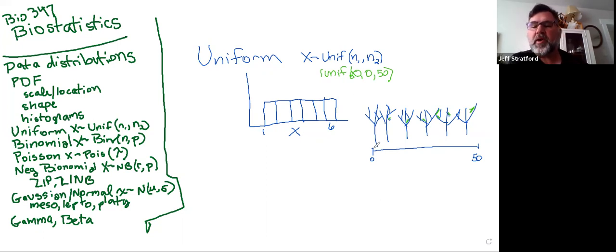But anyway, I used the uniform distribution to make sure that the probability of putting a sample anywhere on this line was equal, all the same. So that's the uniform. Again, it could be counts, like rolling dice, or it can be continuous numbers. It's an important part there.